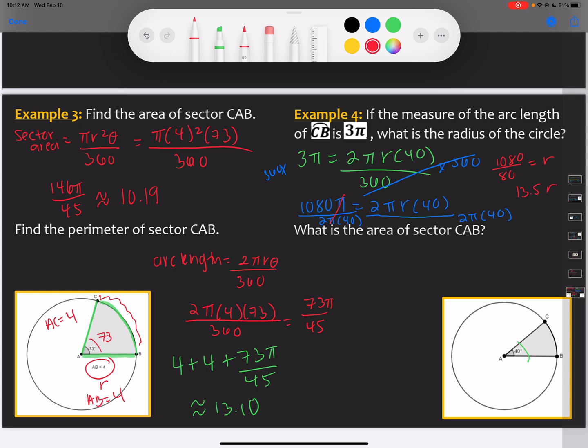So my radius is 13.5, and then I can find the area of the sector by using that formula, pi r squared theta over 360. So pi, r we just found is 13.5 squared. The intercepted arc we know is 40, divided by 360.